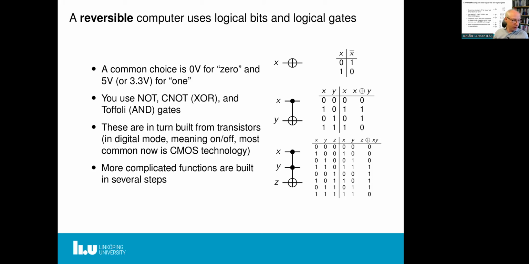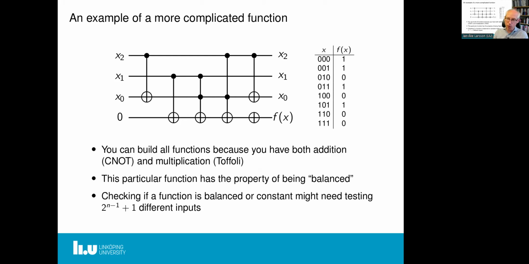And the multiplication you get from the Toffoli gate, which has the same symbol in classical reversible computing as it has in quantum computing. And again, more complicated functions are built here in several steps. You typically build up some complicated function, and you want to find some overall property of the function.